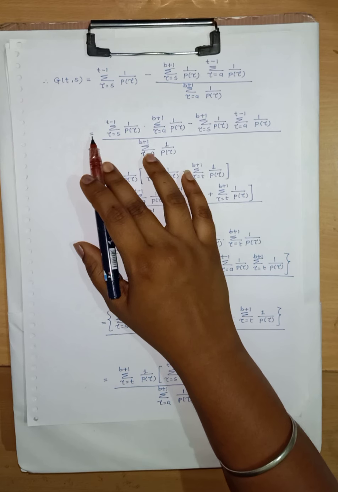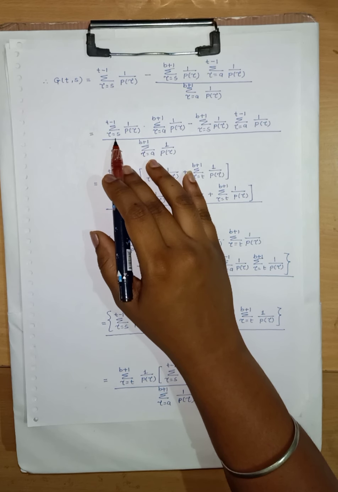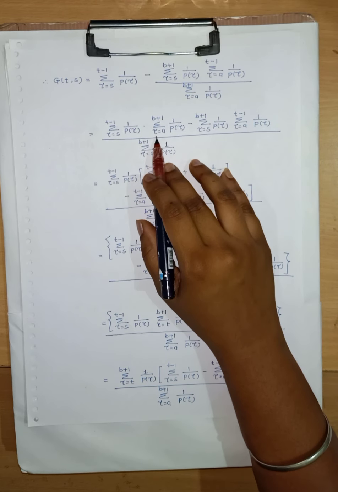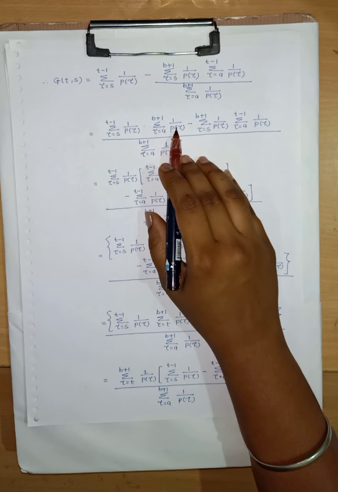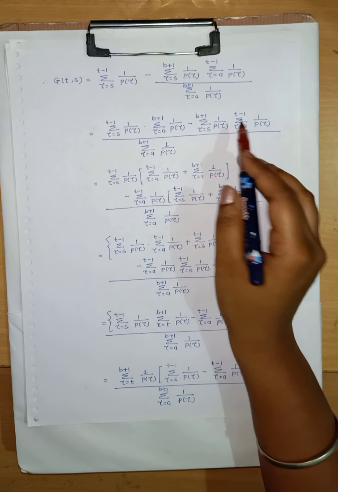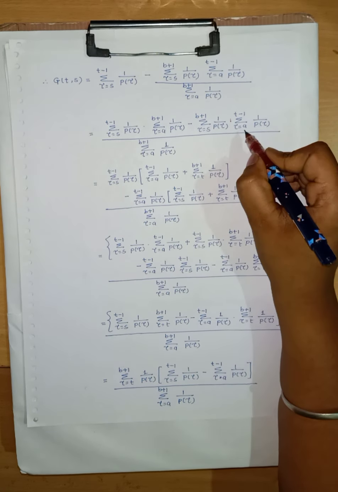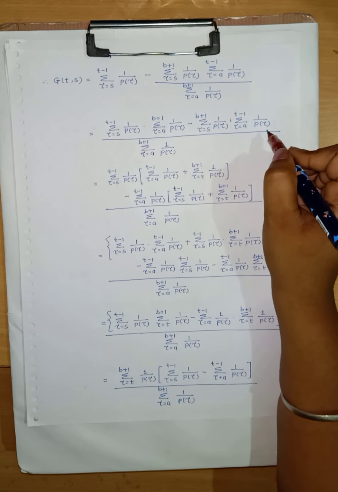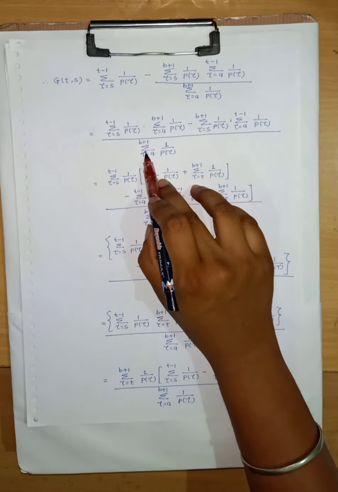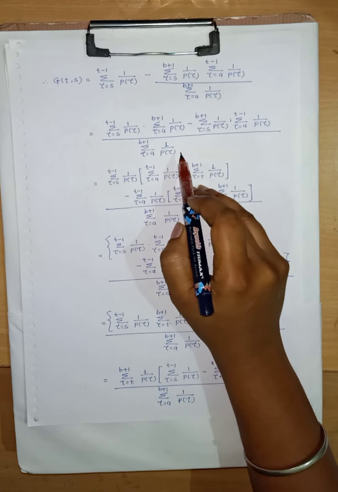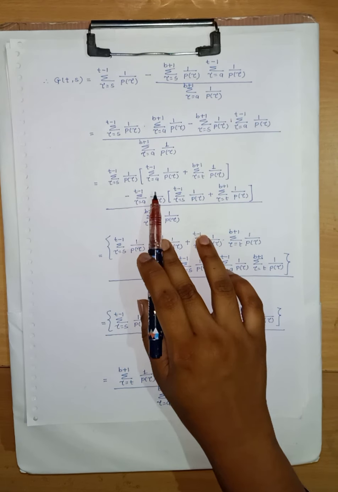If we solve this, we get the summation over τ from s to t−1 of 1/p(τ) into the summation over τ equals a to b+1 of 1/p(τ), minus the summation over τ from s to b+1 of 1/p(τ) into the summation over τ from a to t−1 of 1/p(τ), upon the summation over τ from a to b+1 of 1/p(τ), and we can solve this further.